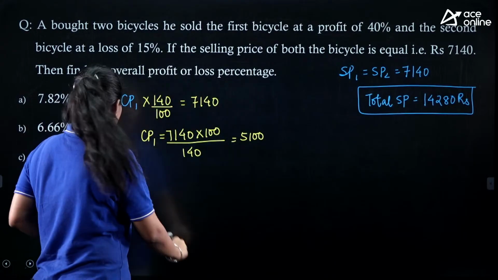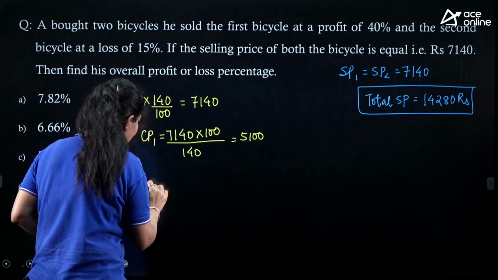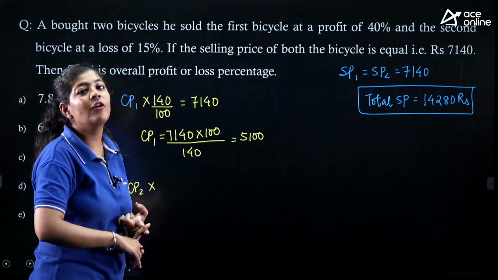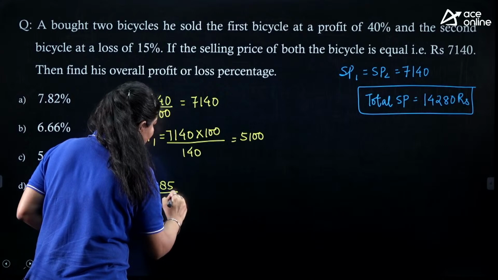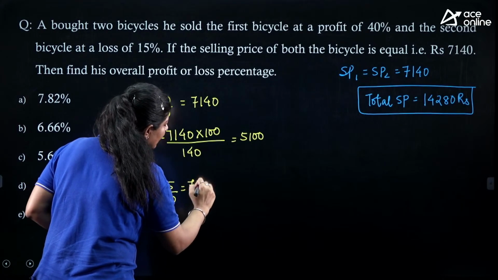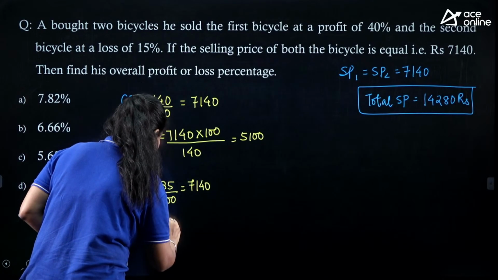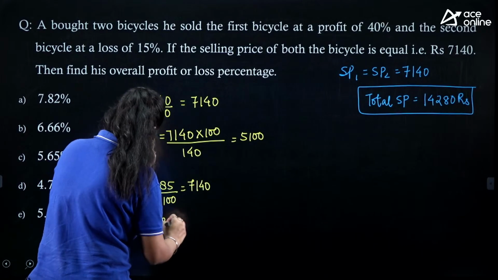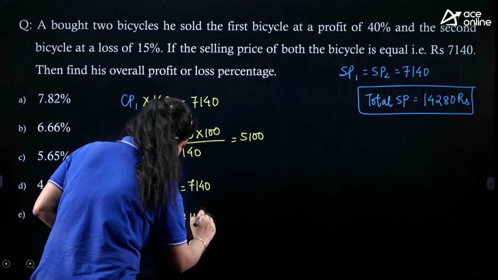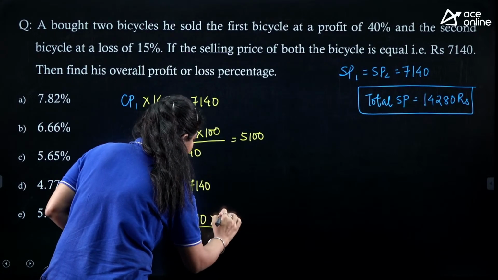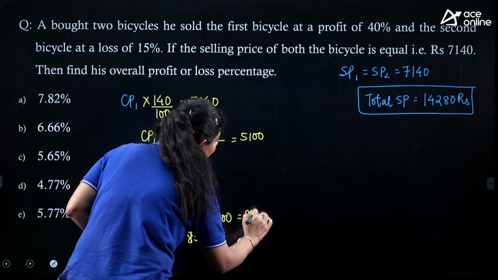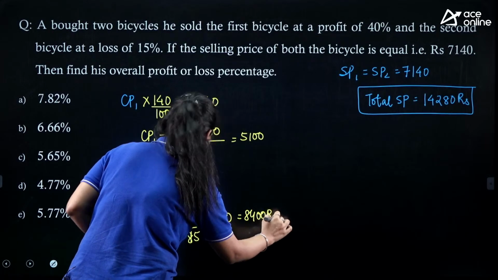Right? Now we need to calculate the cost price of the second, which is sold at a loss of 15%. That means we sold at an 85% amount, which is nothing but again equal to this one. So the cost price of the second bicycle is nothing but 7140 divided by 85 multiplied by 100, and you will get 8400 rupees.